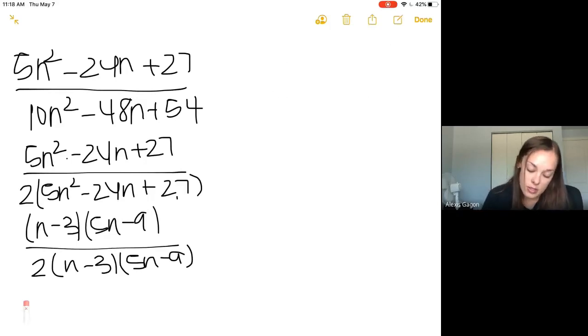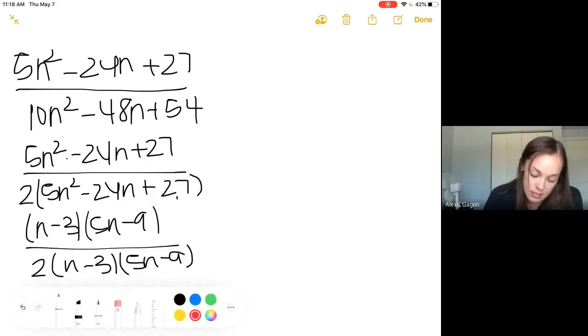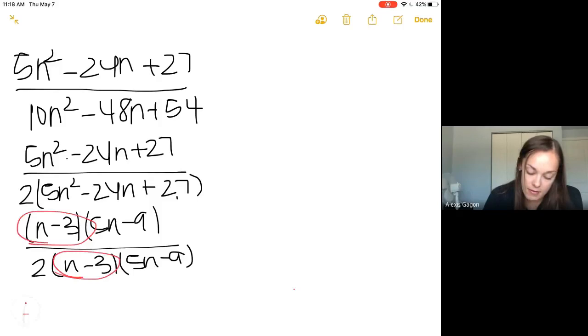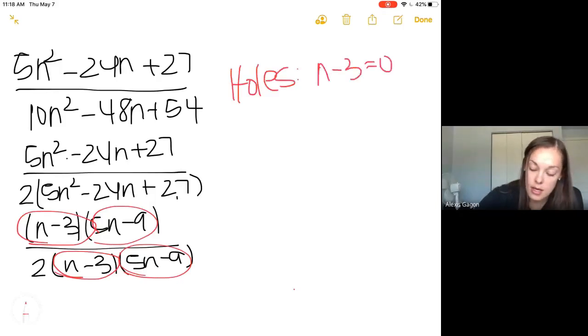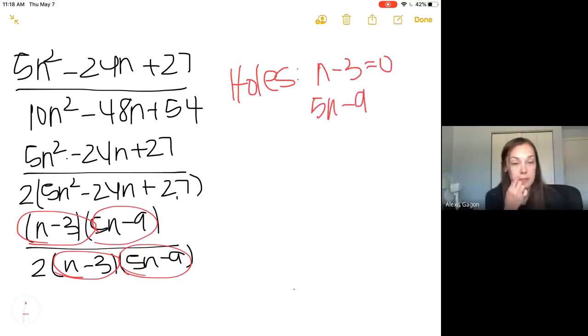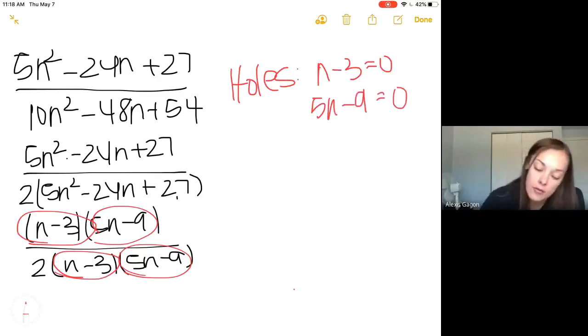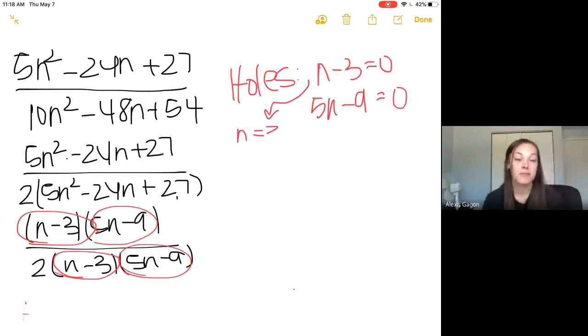So then we have two holes here. We have the n minus 3, and we have the 5n minus 9. So for our holes, we're going to set n minus 3 equal to 0, and 5n minus 9 equal to 0. From this one, I end up with n equals 3.